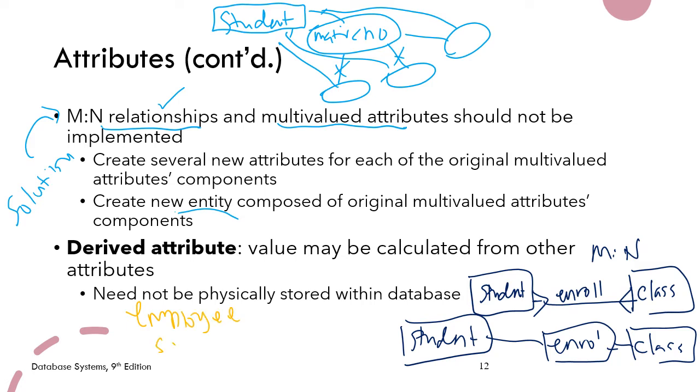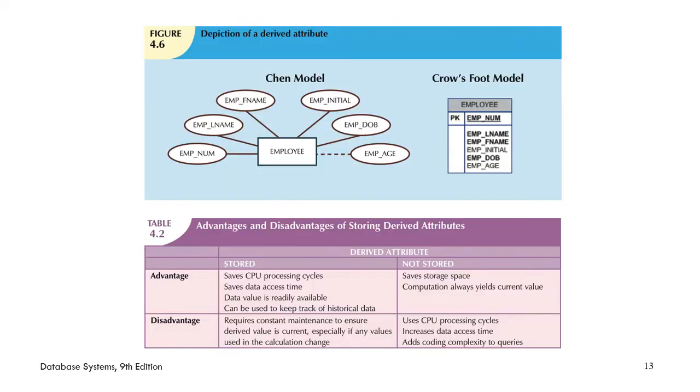The monthly salary data is enough to be stored in the database. There is no need to store the annual salary because it can be calculated directly from the dependent attribute.